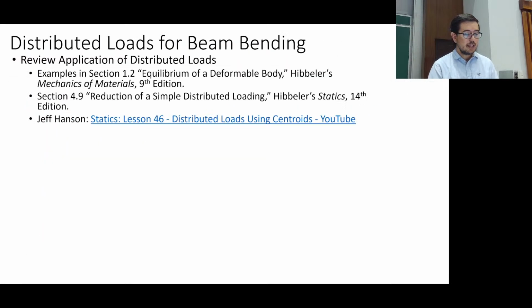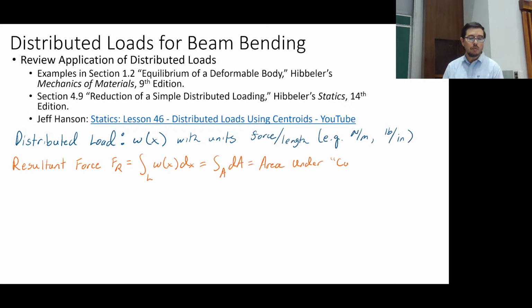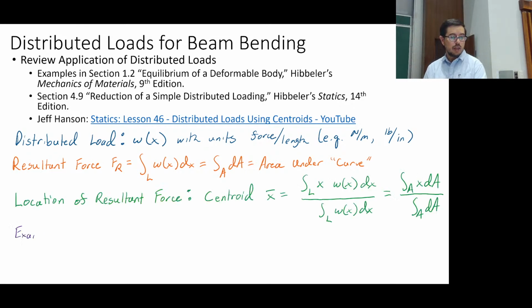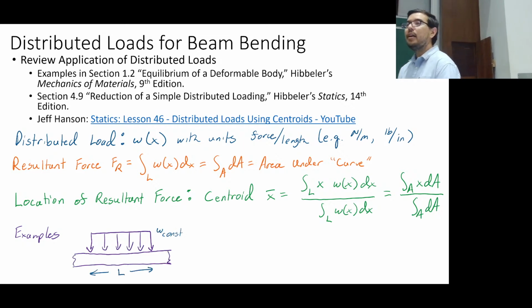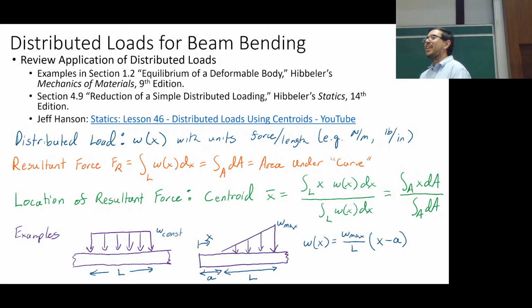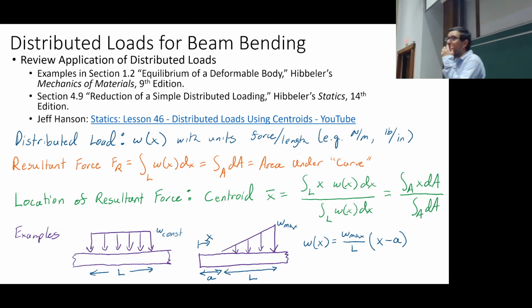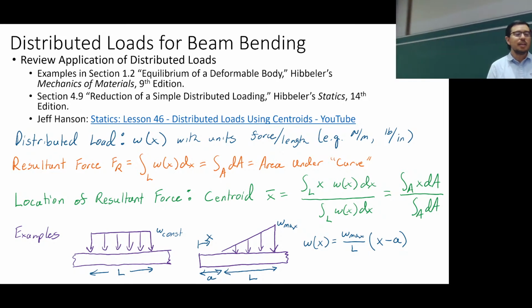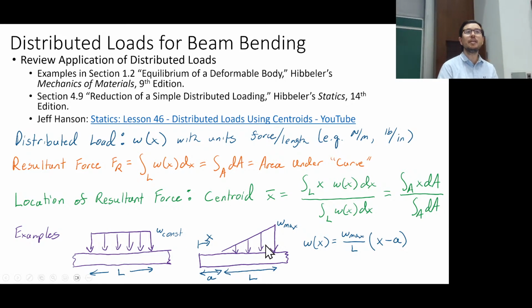All right? And it's probably a good idea, actually a very good idea, to review what it means to have distributed loads on a beam. Okay, so do you remember this? That's the easy one. You've got to figure out where the effective force is acting. Where is the effective force acting on this one?